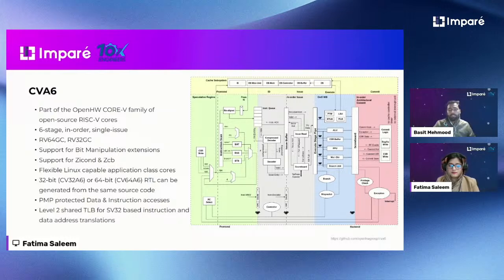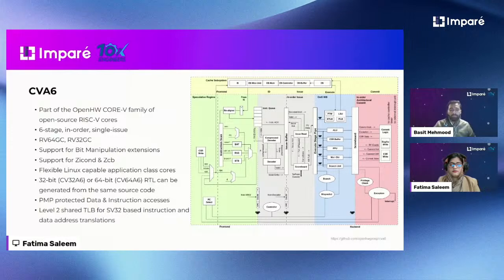This adaptability ensures that the core can cater to a variety of applications. With support for bit manipulation extensions, the CVA6 enhances its capabilities in processing and manipulating data at the bit level. This is crucial for tasks such as cryptography, data compression, and other bitwise operations.